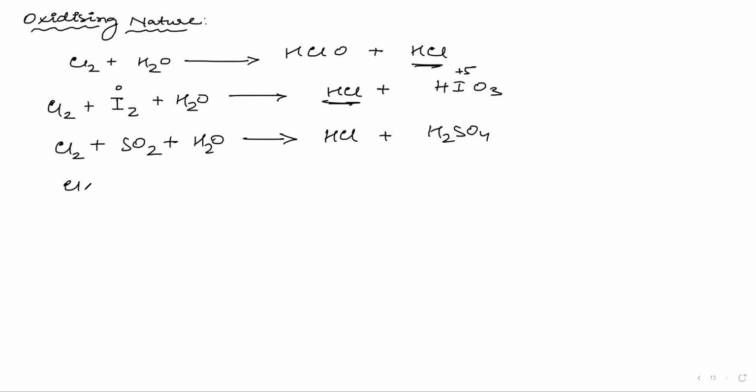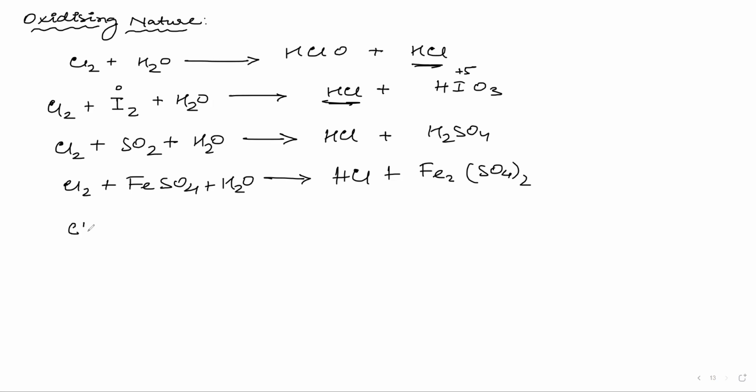Next, Cl2 plus FeSO4 plus H2O: you will get HCl plus Fe2(SO4)3. Next, Cl2 plus Na2SO3, which is sulfite, plus H2O: HCl is common, plus you will get Na2SO4. This is the oxidizing power of chlorine.